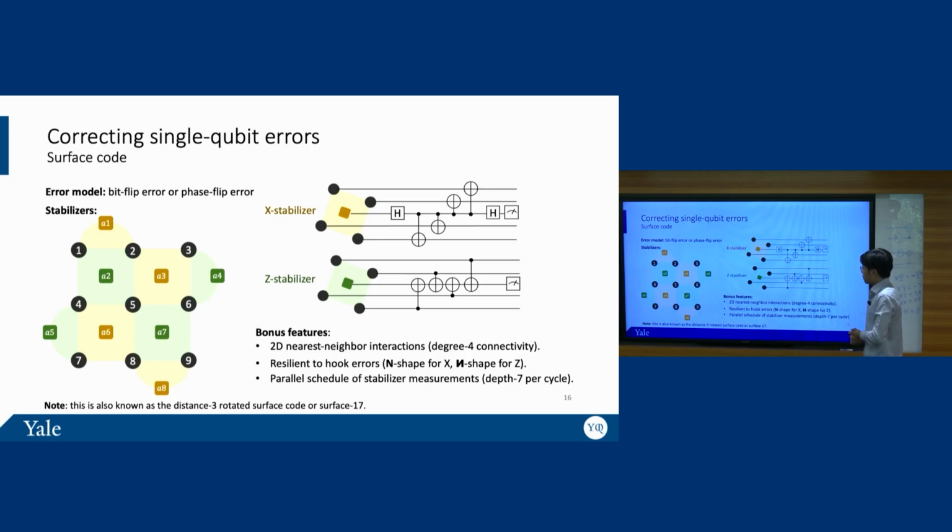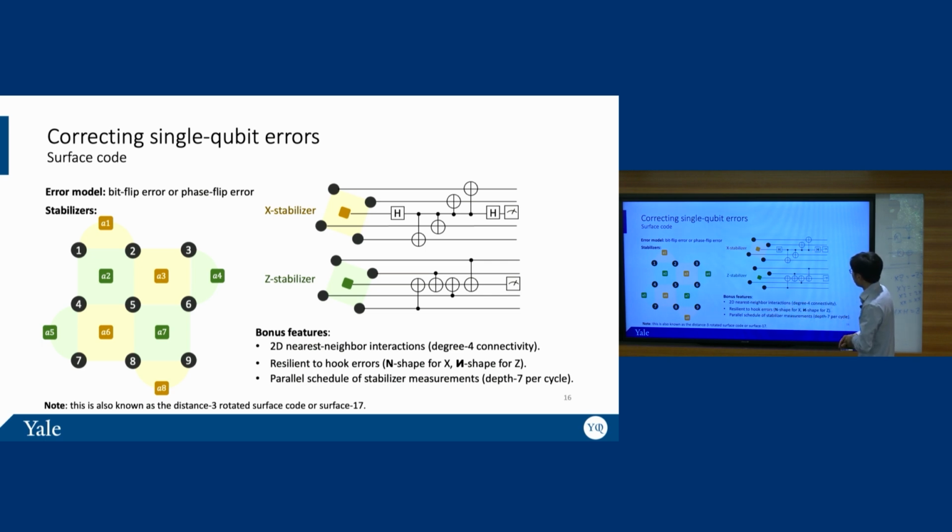Another important feature of this surface code is that it's resilient to hook errors. Recall that when we talk about ancilla errors, when ancilla qubits can have errors themselves, we want to avoid the error on the ancilla qubit propagating back to my data qubit, therefore ruining my computation. This is the type of error called the hook error.